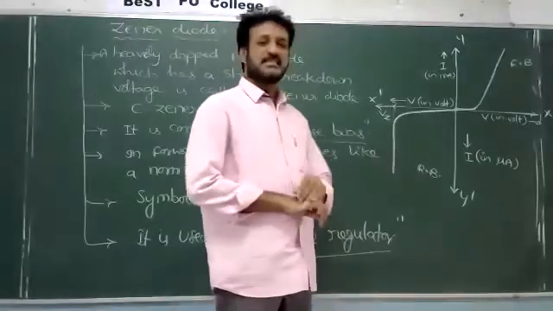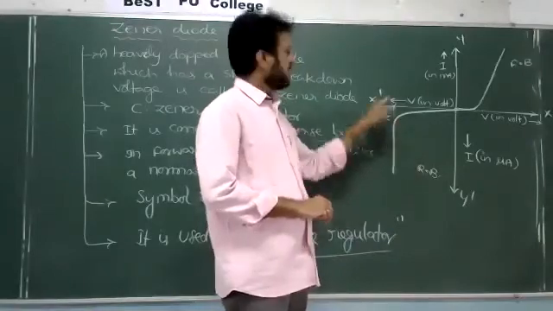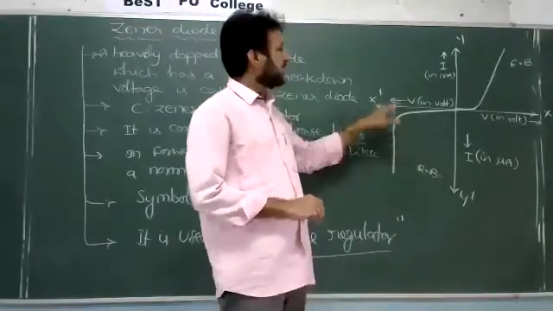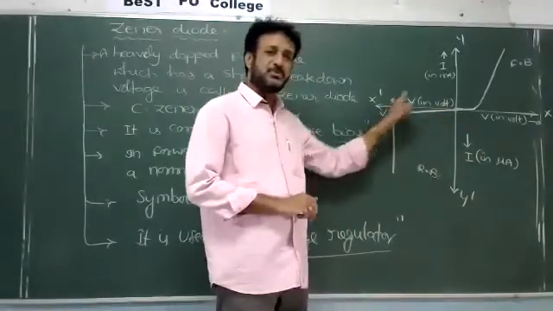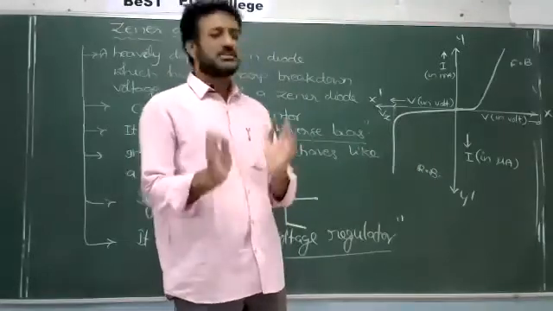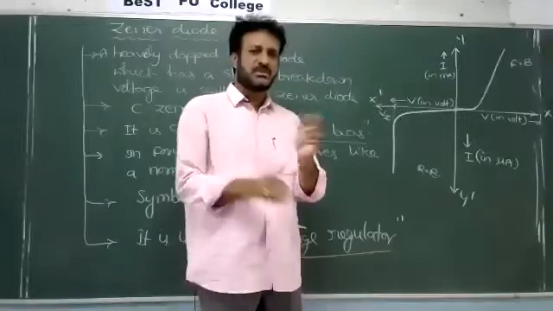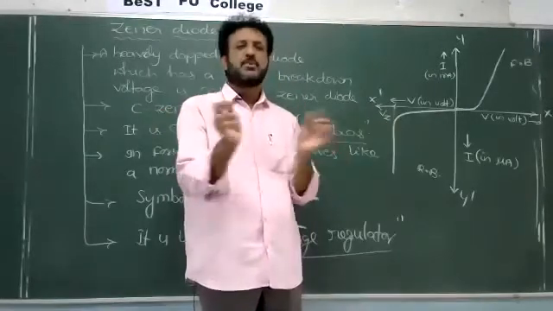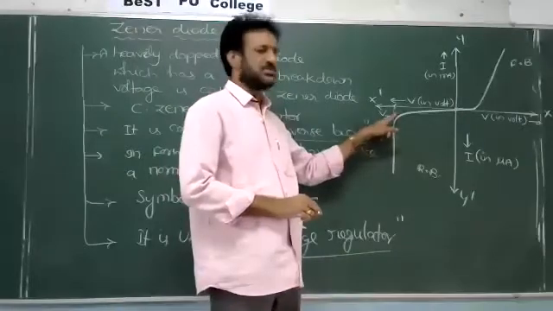So a Zener diode we always have to connect in reverse bias, at the breakdown voltage. But here what will happen? Before the breakdown voltage is reached, the majority carriers, electrons and holes, are moving away from the junction, and only minority carriers are moving towards the junction, so a small current flows in the circuit.